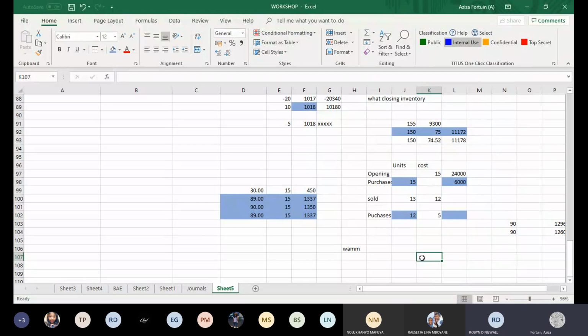The closing inventory is the units 16,014 and the cost is 15 rand. The total is 245,904. Let me just hear what the other people got and then we'll work it out.